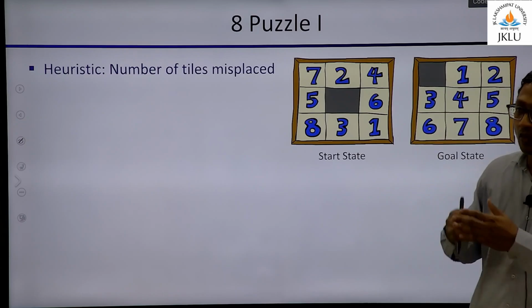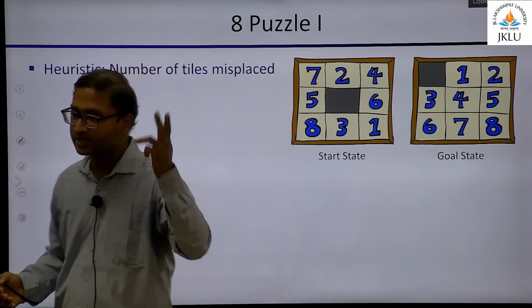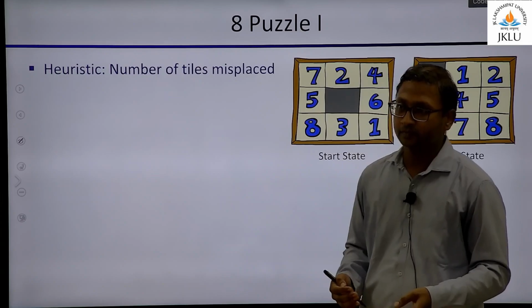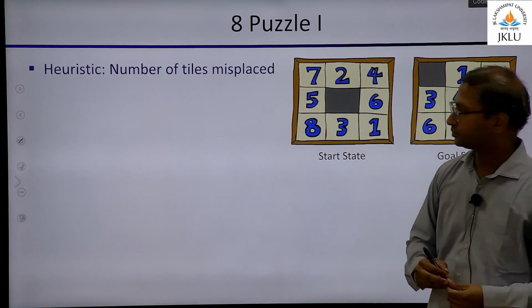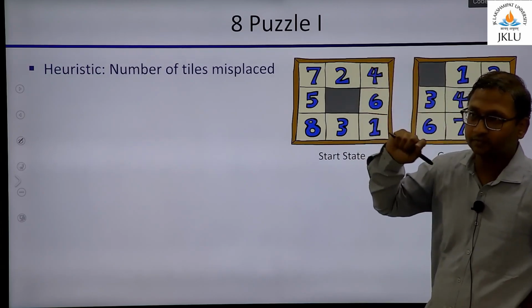We have seen all these techniques that we have learnt until now: BFS, DFS, iterative deepening, UCS, greedy and A star. Now we want to use A star. So how do I use A star?